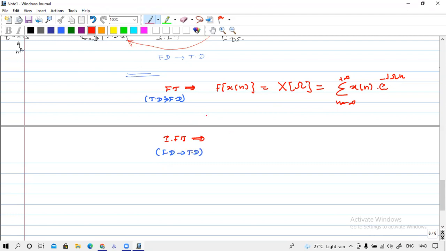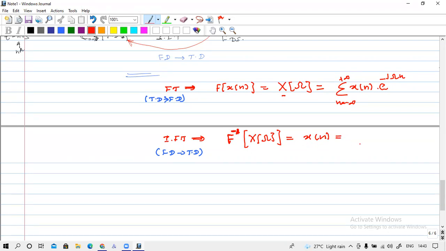Let's denote it like this, F minus 1. The inverse Fourier transform of X(ω) gives us x[n] again, our time domain signal.